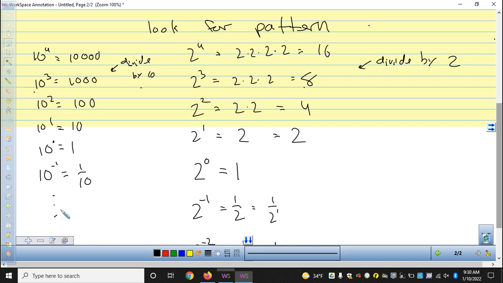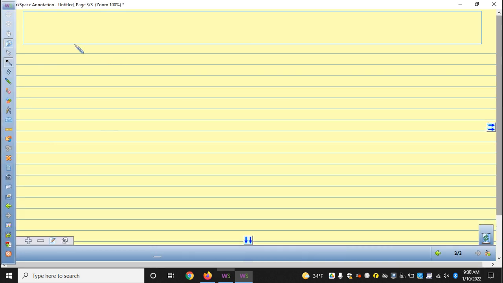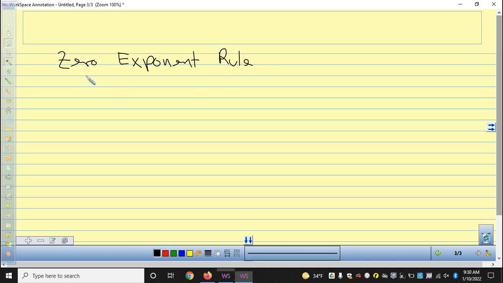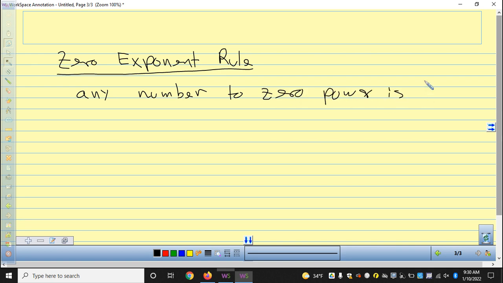All right, so we're going to use that for our rule. So these are our 0 exponent and our negative exponent rule. Our 0 exponent rule: any number to the 0 power is 1.